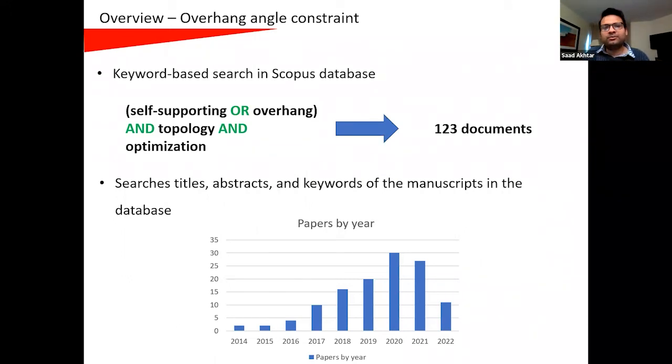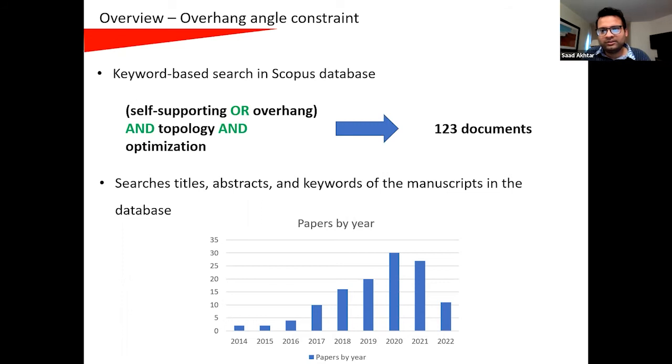And so basically, just to give you a brief overview of the overhang constraint, the literature is still burgeoning in this field. You see a few papers start popping up in 2014, 2015, with the interest ramping up recently, but even then it's not nearly as saturated.